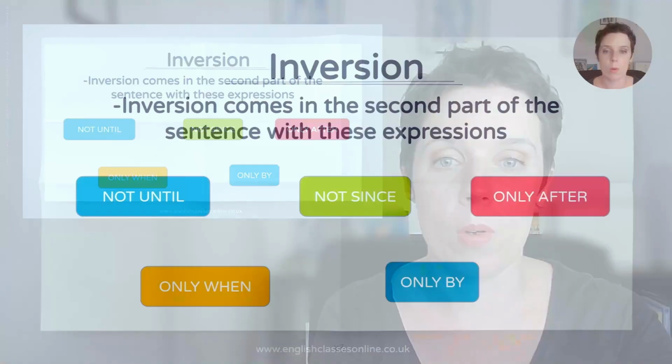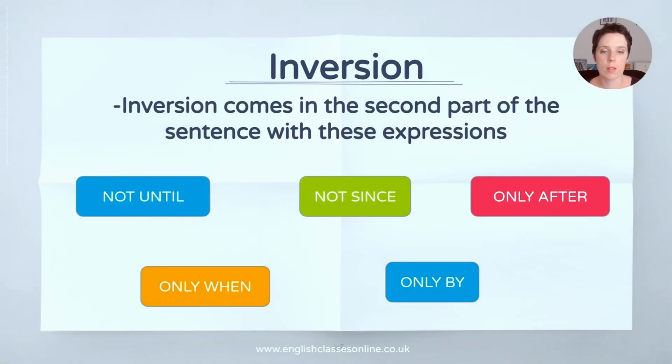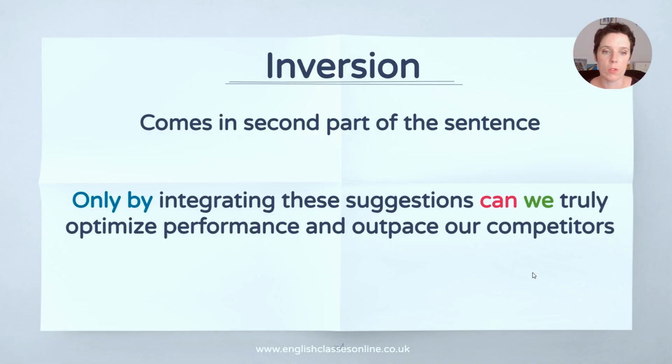So any of these phrases: not until, not since, only after, only when, only by. If you use them in an inversion, you need to be putting the inversion in the second part of the sentence, not directly after. So, only by integrating these suggestions can we truly optimize performance and outpace our competitors.